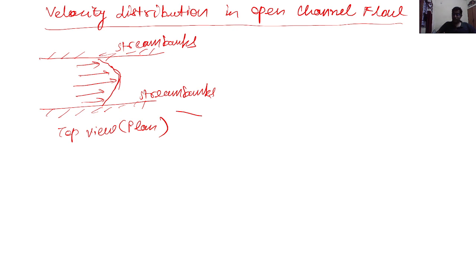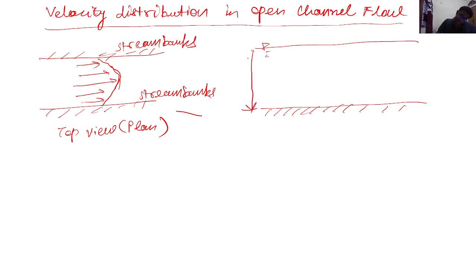Now what about the velocity distribution with respect to the depth of the flow? Let us suppose this is the free surface level, and Y naught is the water depth. The velocity distribution looks somewhat like this. Right before the surface, the velocity decreases.